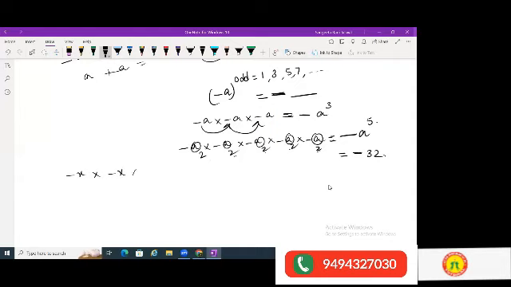Minus x into minus x into minus x, n times. That means if it is multiplied n times, n can be anything, no? Even or odd. If it is even, the answer will be positive. If it is odd, the answer will be negative.